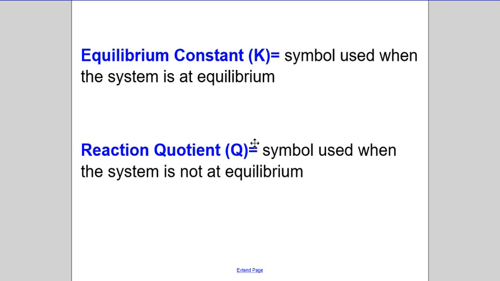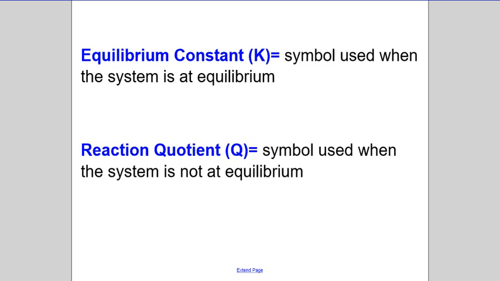So if something is at Q, it's any system that's trying to get to equilibrium or has been stressed from its equilibrium, etc. So basically, you just need to know that K means it's at equilibrium, Q is something not at equilibrium. But beyond that, there's not a whole lot of difference between these two.